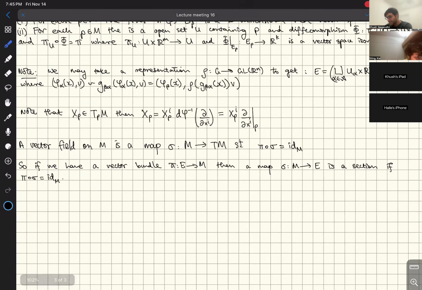A continuous vector field is a vector field that's continuous. A smooth section is a section that is smooth, and so on and so forth.